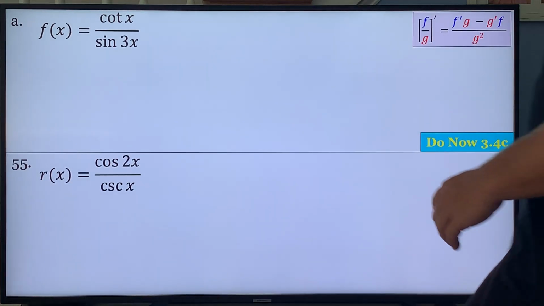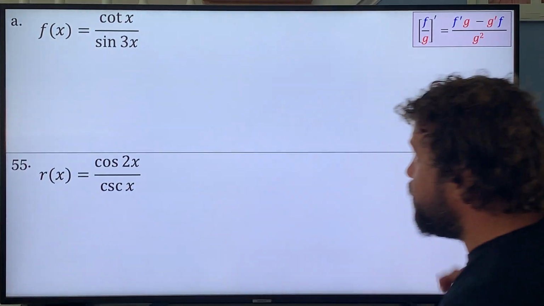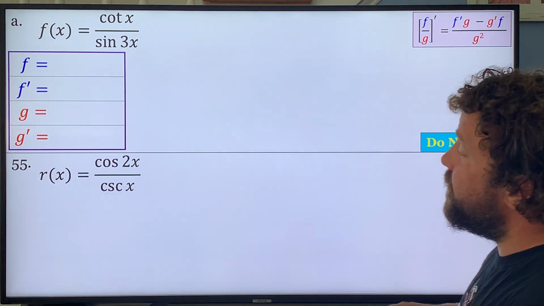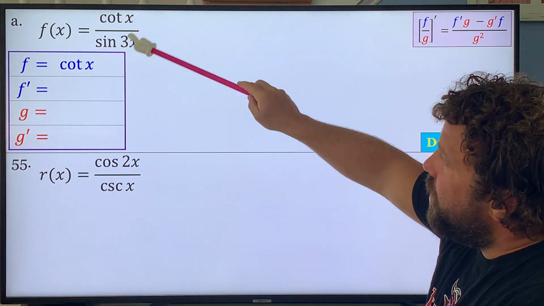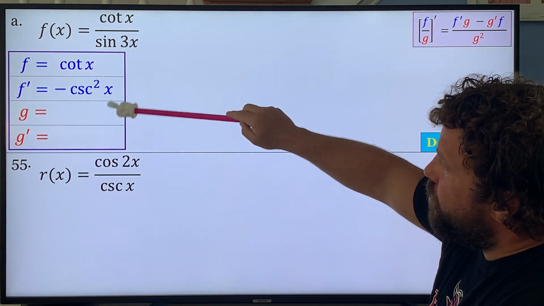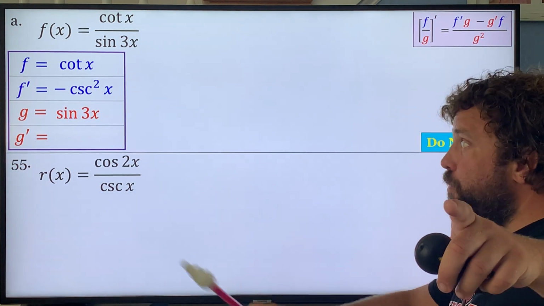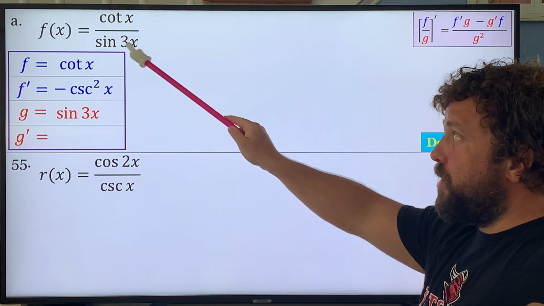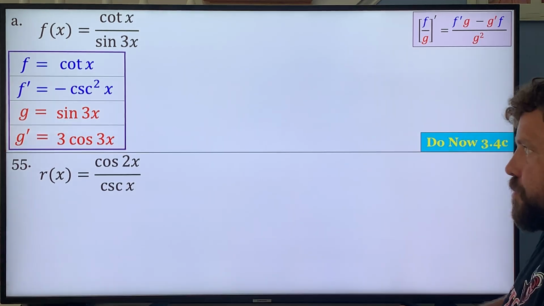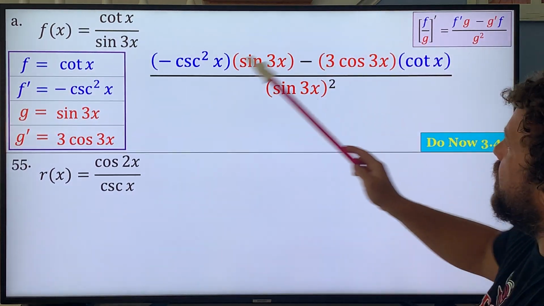All right. Problem letter A. My f, my numerator, is cotangent x. F prime, negative cosecant squared x. My g is sine 3x. Let's see if you remember g prime. 3 cosine 3x. Plug them in.